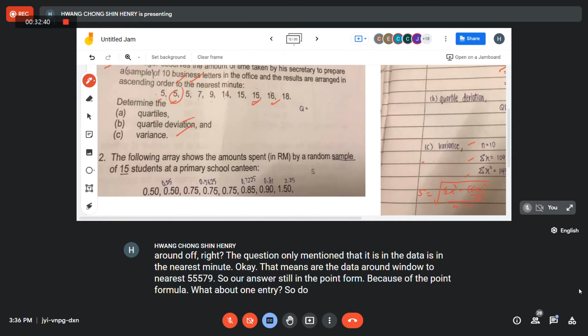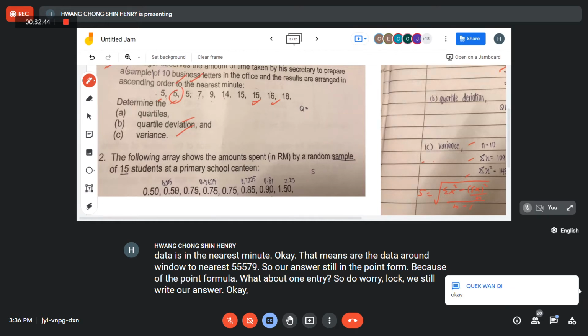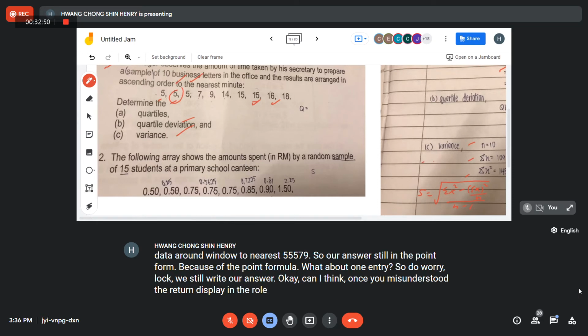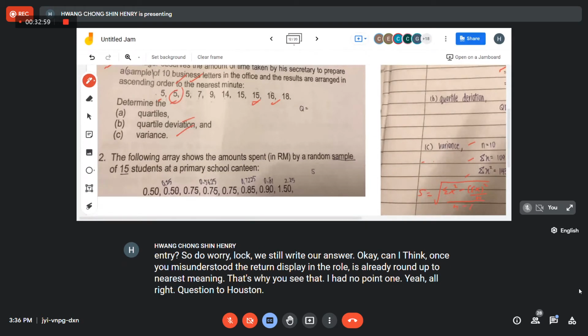So don't worry, we still write our answer in point form. I think you misunderstood. The data displayed in the row is already rounded to the nearest minute. That's why you see your data here with no point form. All right, question 2, whose turn?